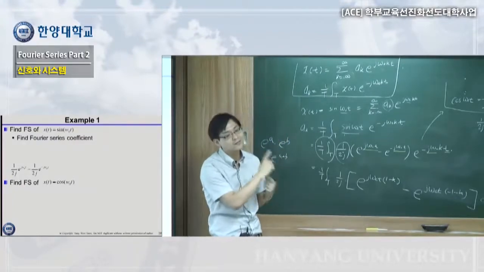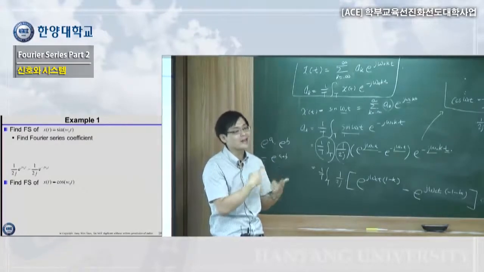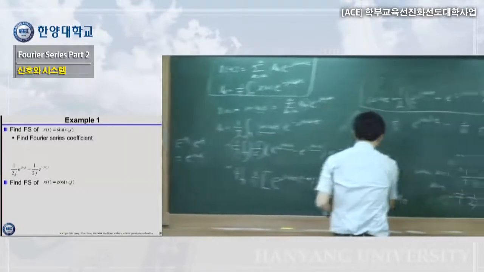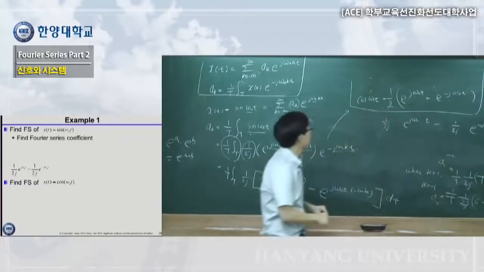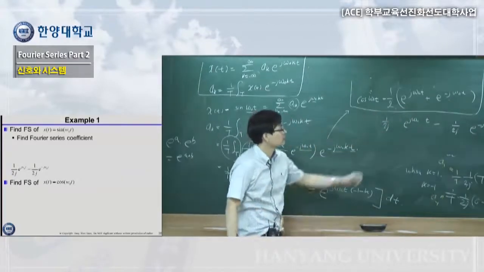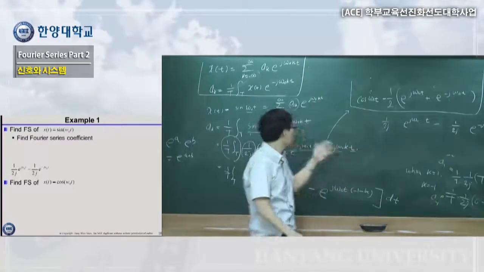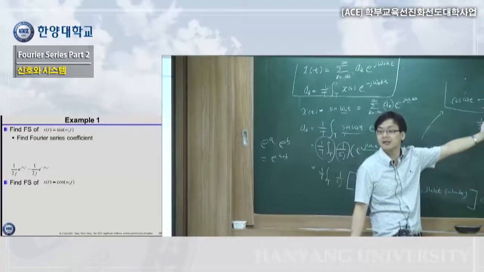But this is a very basic problem, so this is actually very straightforward. You can see it in this way. We go through a lot of calculation to reach here, right?